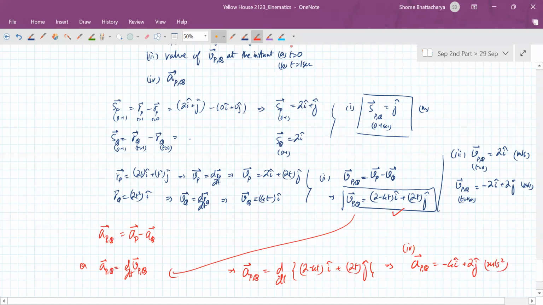Or alternately, what we can do is we can calculate this acceleration. So from here, and likewise, we can do this also.